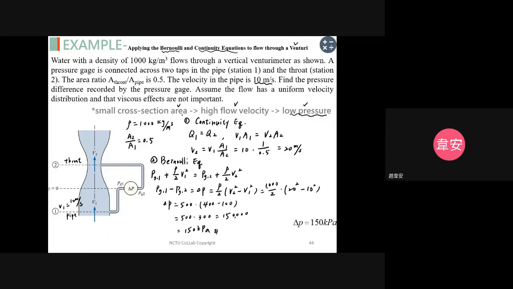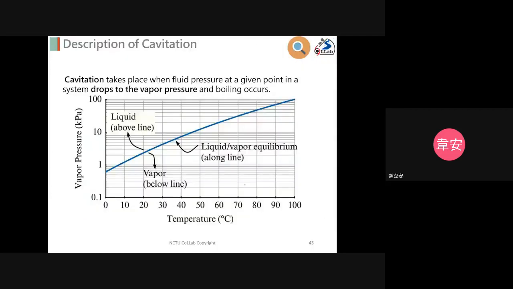So a small cross-section area will have high flow speed, and high flow speed will result in a low pressure region. Based on these ideas, we want to know about the cavitation problem.